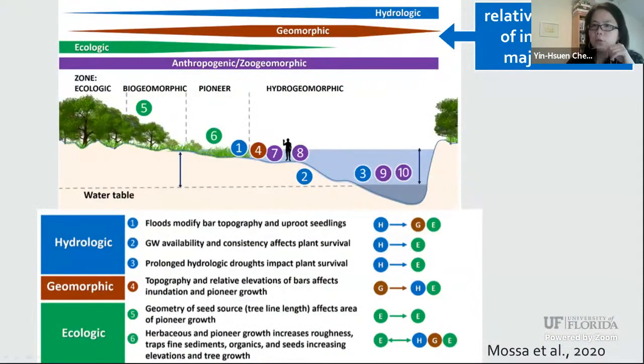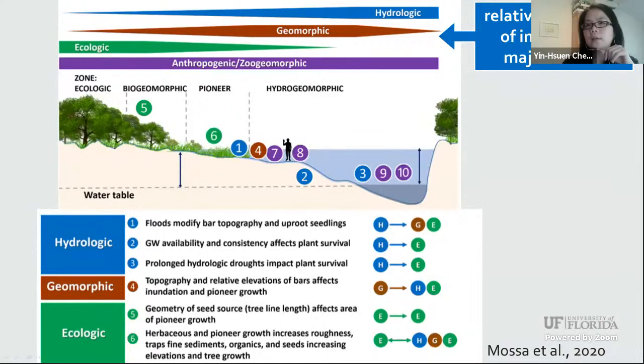In the Apalachicola River, Mossa et al. 2020 suggested a conceptual diagram showing how the hydrologic, geomorphic, and ecological factors or drivers influence the Apalachicola River and how those factors change across space.